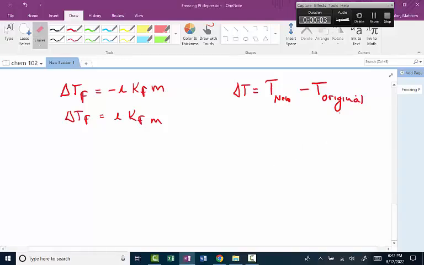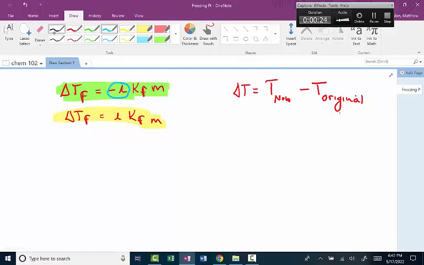This is freezing point depression, and the equation we're using is delta T equals i Kf m. But sometimes you see it this way, delta T_f equals negative i Kf m. And what you should be asking is, what's with this negative sign here?